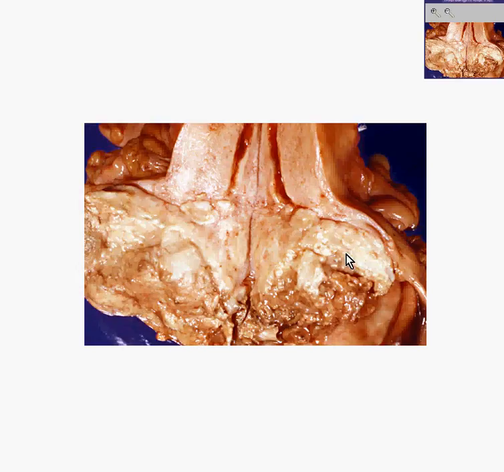This is a large infiltrating squamous cell carcinoma of the cervix.